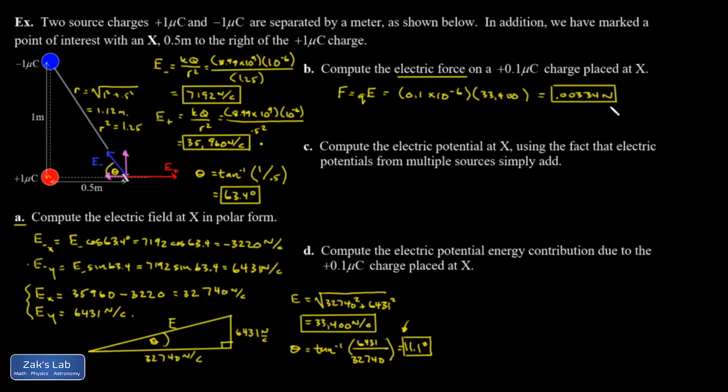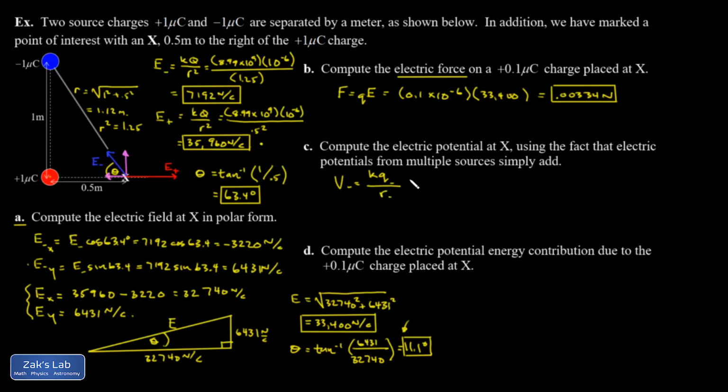In part C, I'm asked for the electric potential at X, using the fact that electric potentials from multiple sources simply add to each other. So I'm going to have a contribution at X from each of these point charges, and I'll call them V minus and V plus.